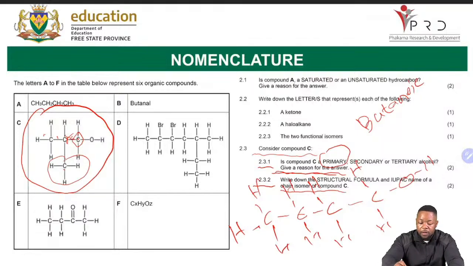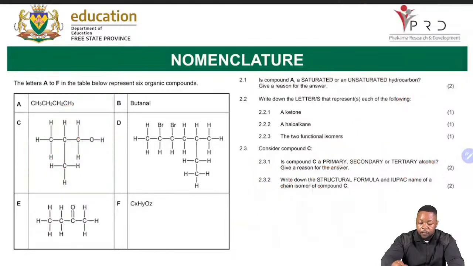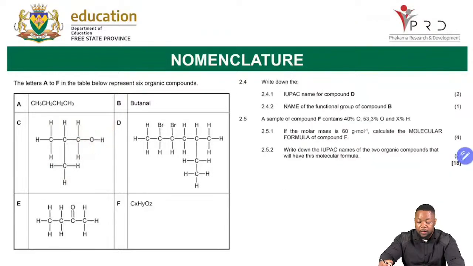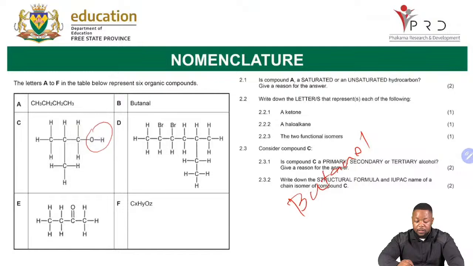Sorry. The functional group here is the hydroxyl. Therefore, the name is going to be butanol. Let's look at the typed out answers. The typed up answers are omitted. So the name of this molecule will be butanol as we have drawn it.